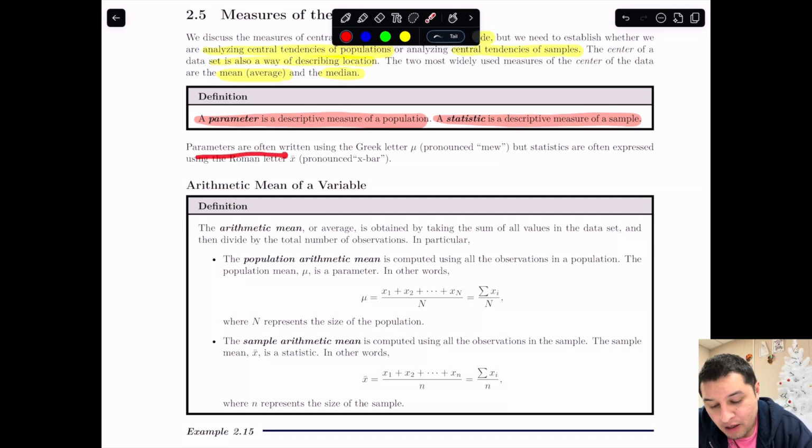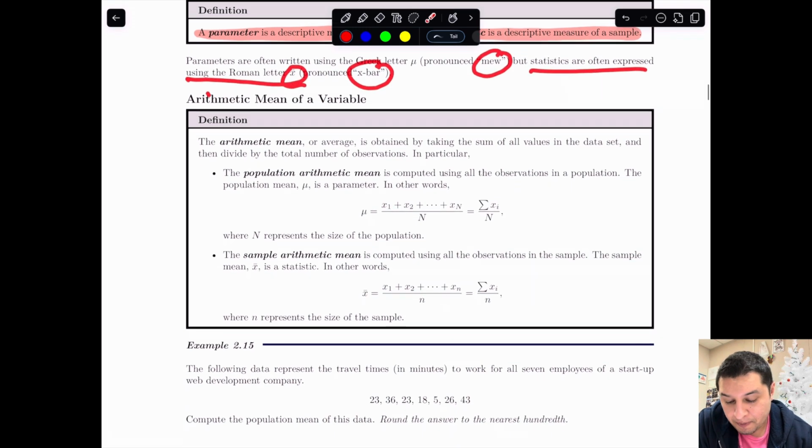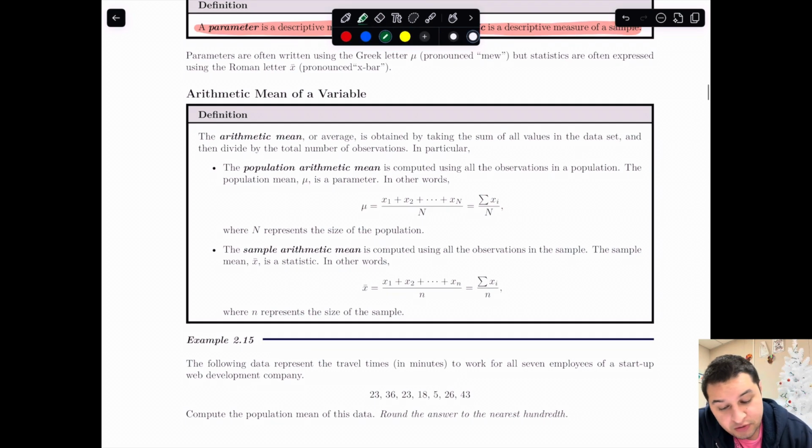Parameters are often written using the Greek letter mu, and statistics are often expressed using the Roman letter x bar. So let's talk about the arithmetic mean for the population and the sample. The arithmetic mean is also known as the average.